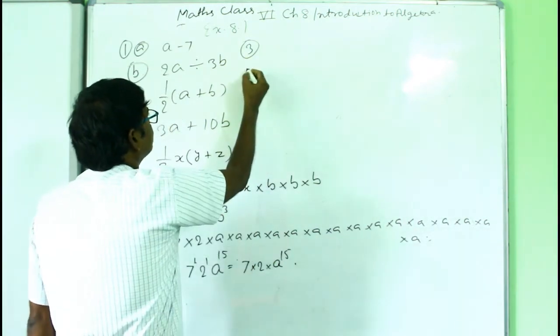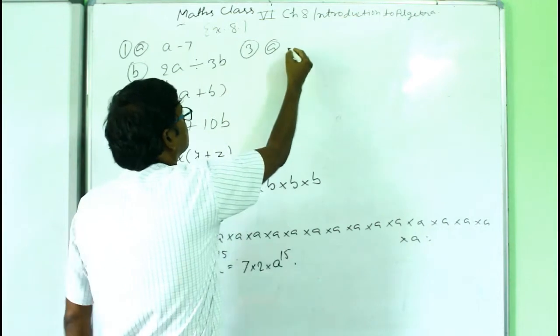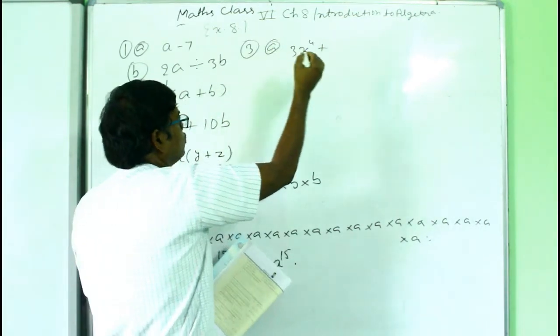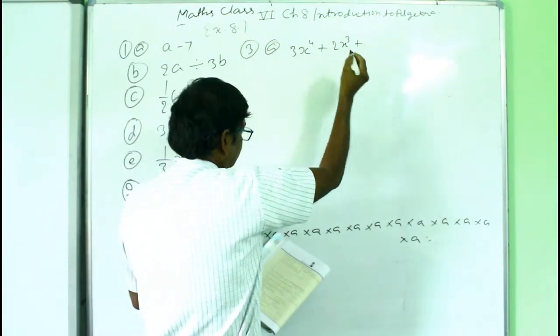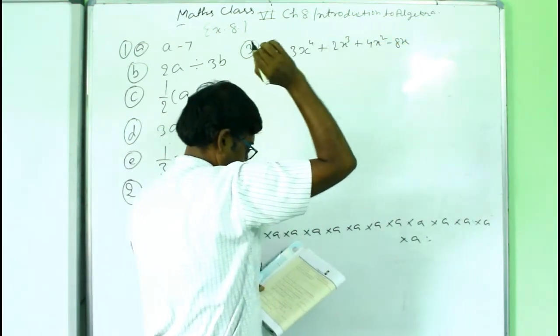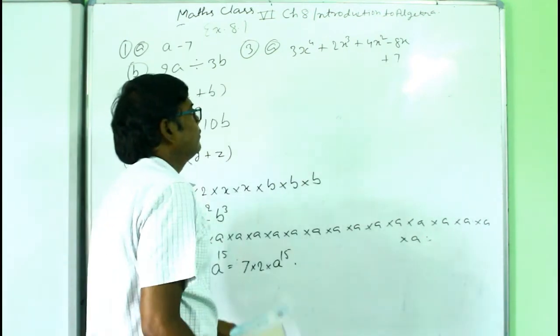like here you can write question number A, the expression is 3x to the power 4 plus 2x cube plus 4x square minus 8x plus 7, okay plus 7.